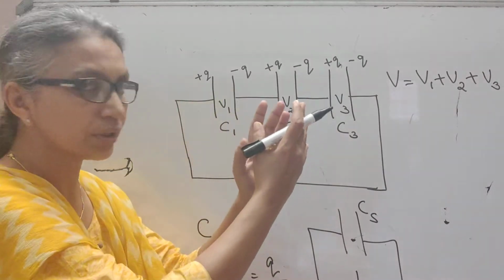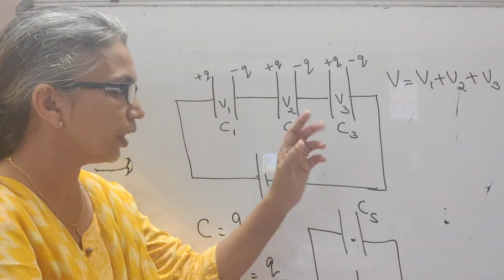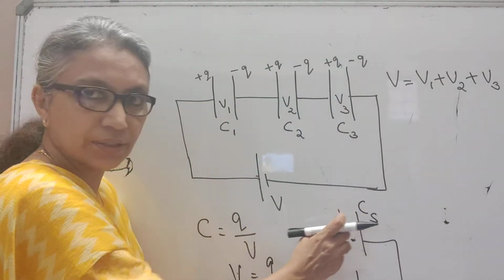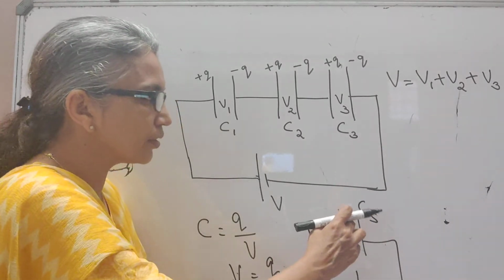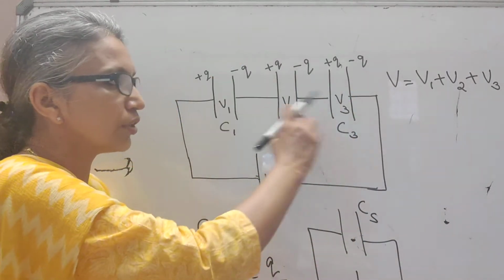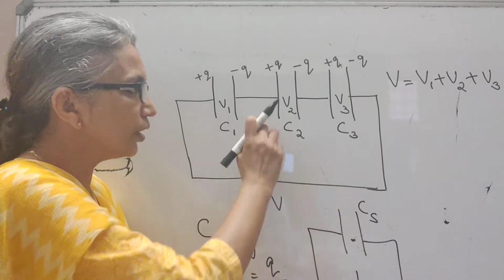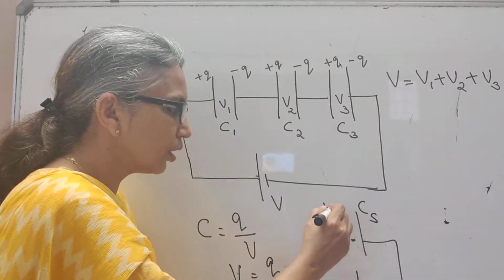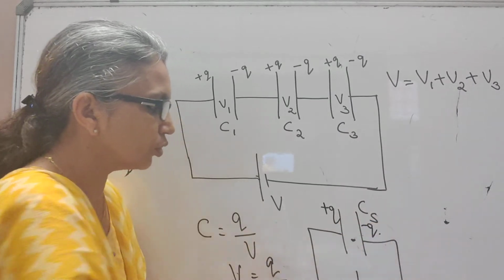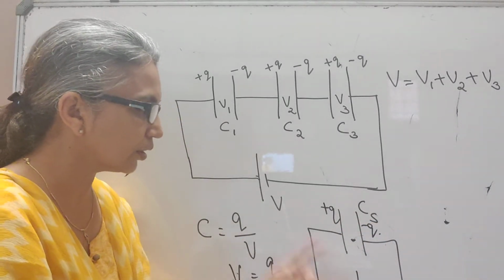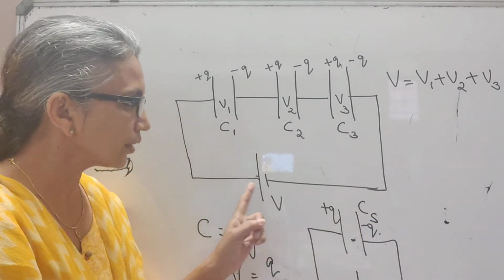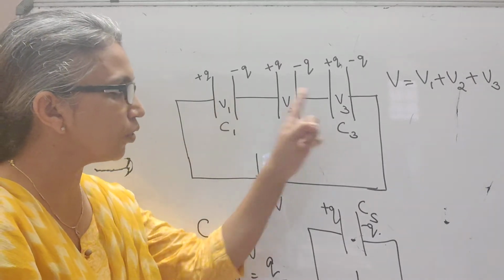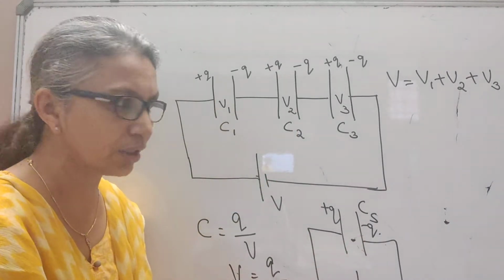So if I remove all the three capacitors and replace them with a single capacitor, its effective capacitance is the effective capacitance of all the three, so that both carry the same charge. So if this is plus Q, this should also be minus Q. So you have a potential difference V connected in both the circuits. It's carrying the same current, so that's why all the plates have been charged the same charge.